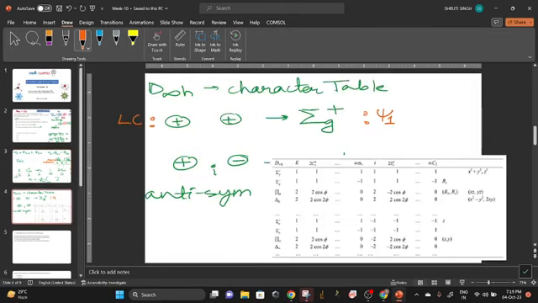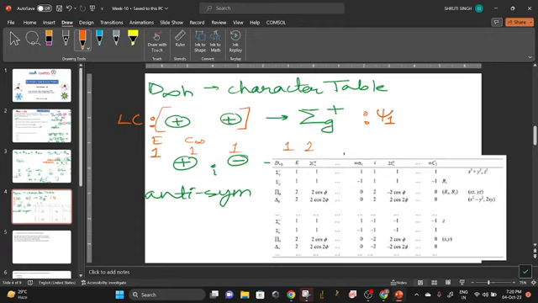But here it is 1 only, because this is a set now, a linear combination. This whole thing is considered as 1. So the basis here is one dimensional. So if we write its transformation with respect to E, it will be 1. With respect to C infinity, nothing will change. It will be 1, like that. You got my point? Yes, ma'am. So if we do it for all the symmetry operations, it will be all 1. So this will belong to the totally symmetric representation.